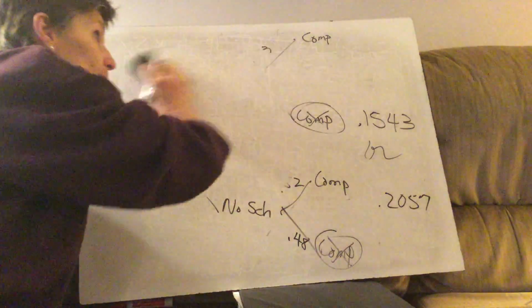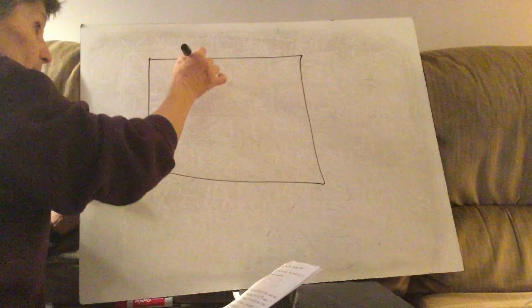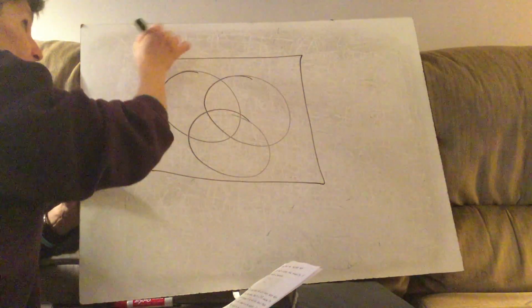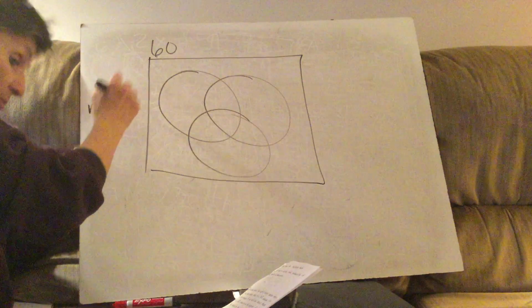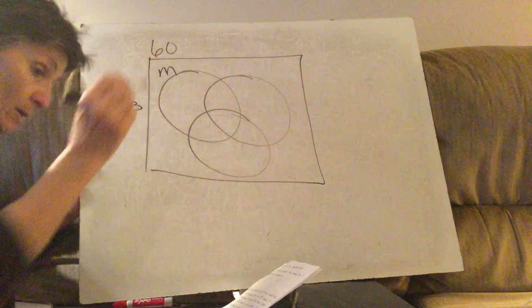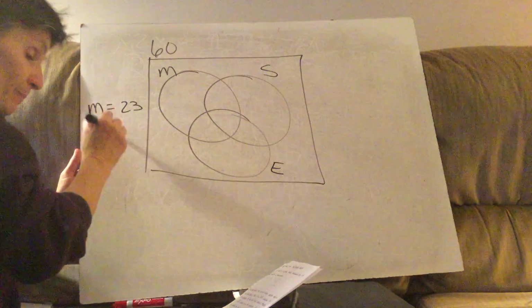Okay. Next, we got kids in a club. We have 60 of them all together. And these kids either like math, and there's 23 of them, or they like science, or they like English.